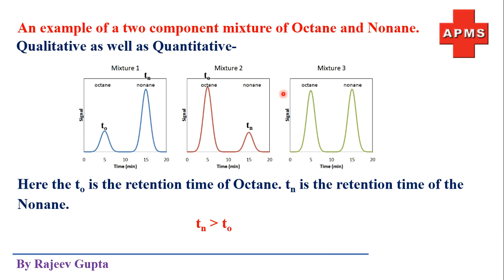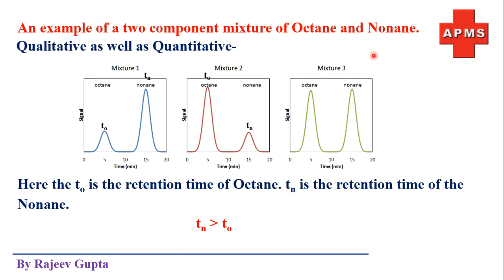This is an example of a two component mixture of octane and nonane. See, if a sample or an organic mixture contains two components, octane and nonane, both are simple hydrocarbons. Octane has 8 carbon, nonane has 9 carbon, so only a CH2 group difference is there.